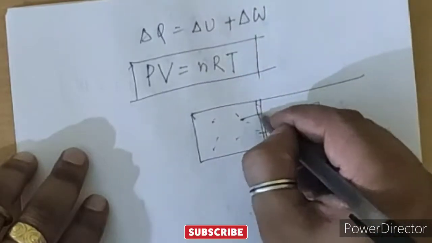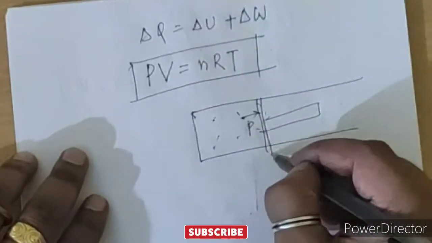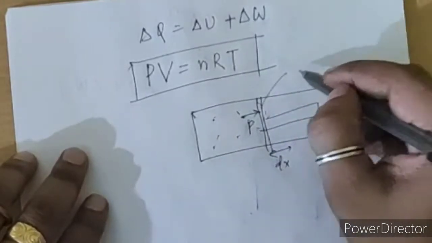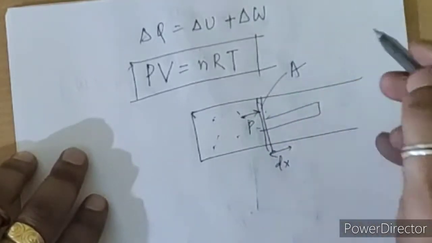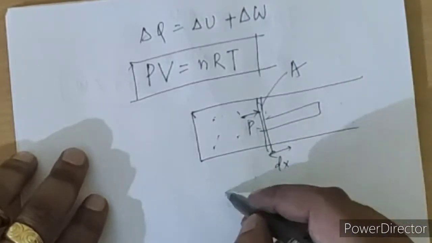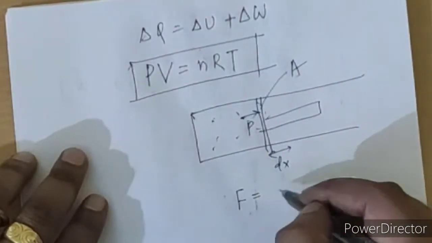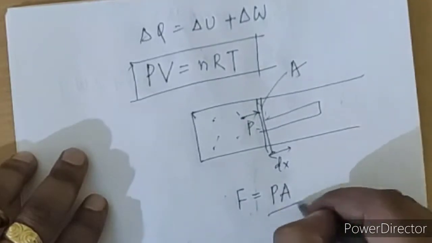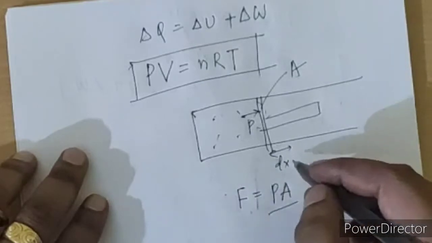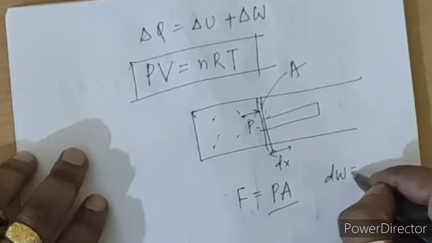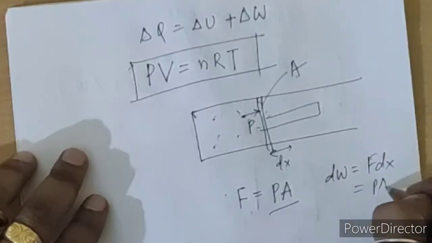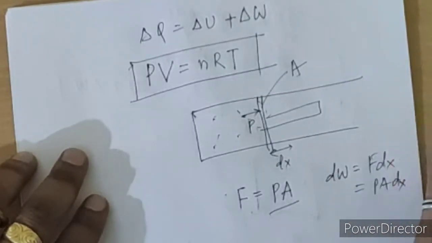Say there is a certain pressure P, and say there is some movement dx, and say the area of this is A. So basically, if we want to calculate the force, it will be given by P times A. This is force, and say it moves by dx, so work done will be F dx, which will be P A dx. This is how you can calculate the work done.